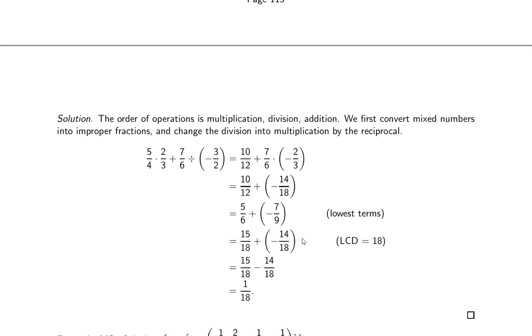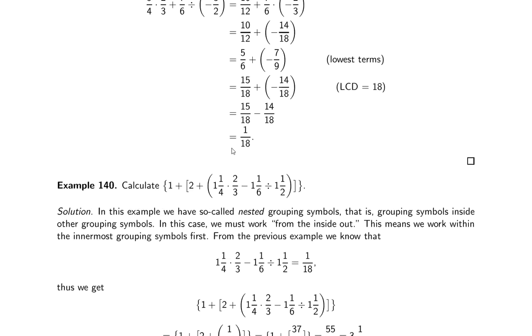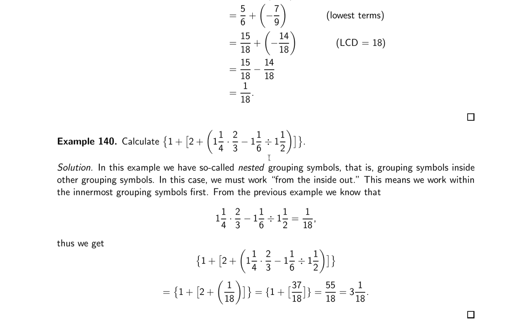All right, and you can take a look at these extra examples. This has 3 sets of parentheses. That looks nasty, but for these nested parentheses, do the work on the inside parentheses first.